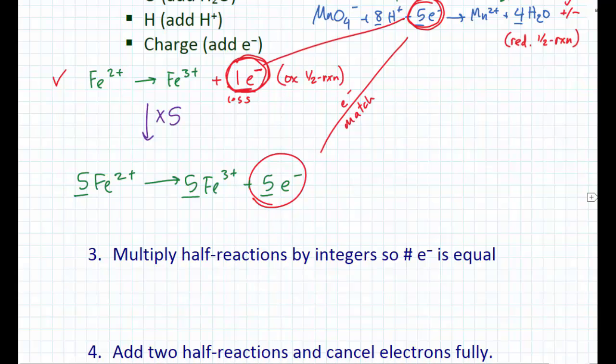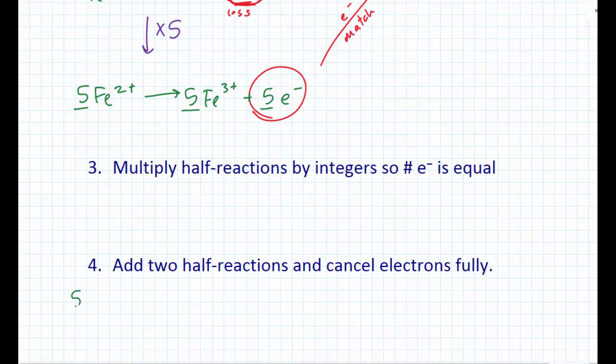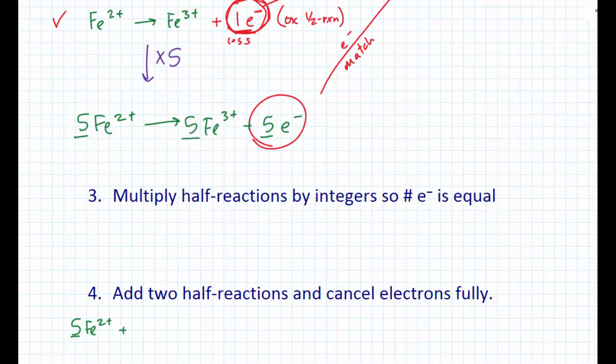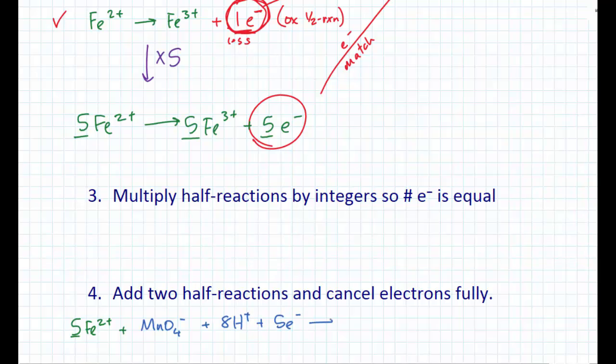Okay, so 5 Fe2+ and then all the other reactants from over here, the MnO4 minus and the 8 H pluses. And you can write the 5 electrons if you want.